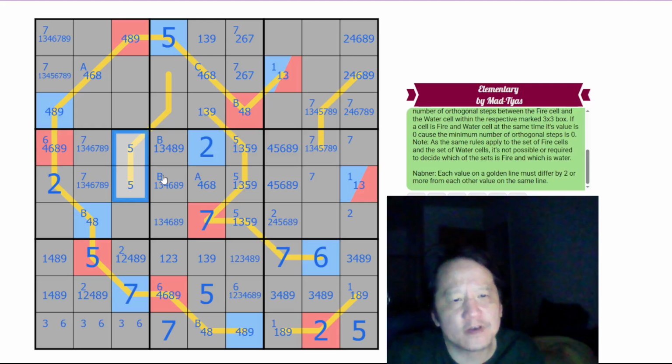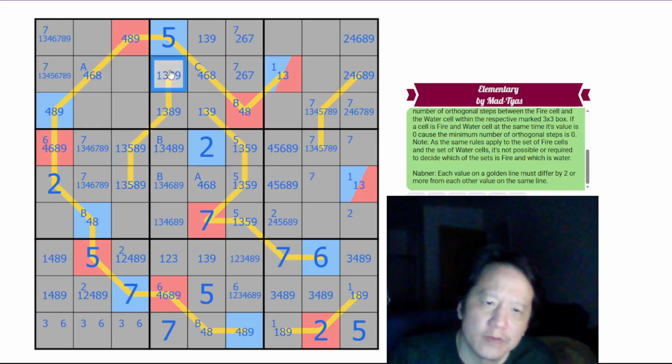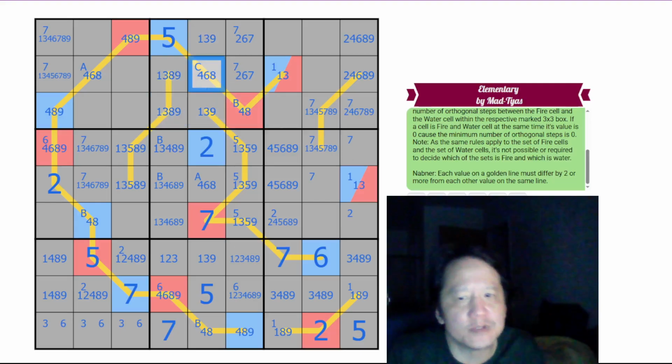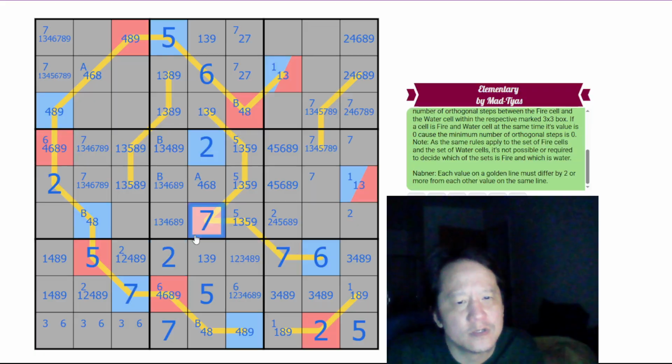If there's a 5 there, this has to be some combination of 1, 3 with 8 and 9, right? So we'd have the same scenario here. This would have to be 6. No 6 here. It's 2, 7 as a pair. Therefore, this is 2. Where is 6? It would have to be there. So this couldn't be 6 there, which would force this to be 6. So A could not be 6 here.